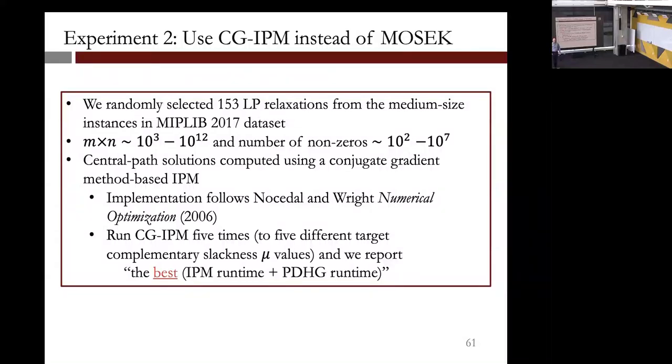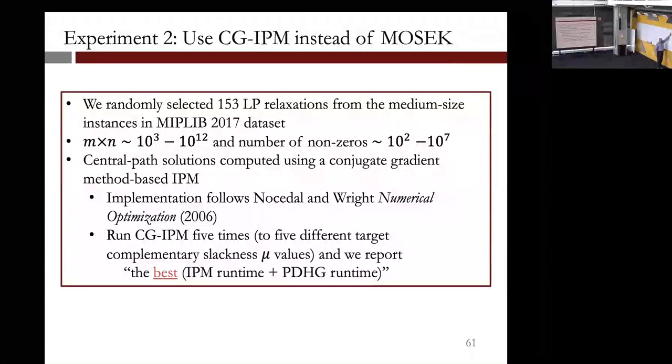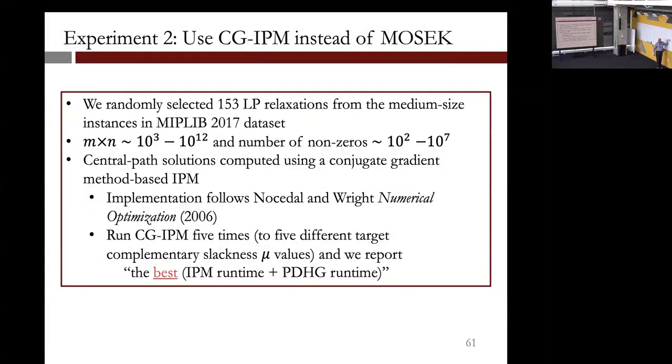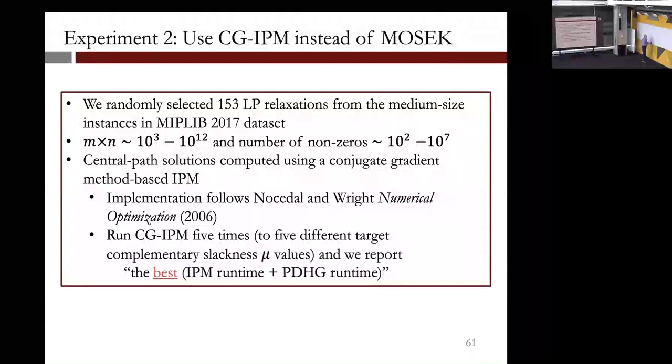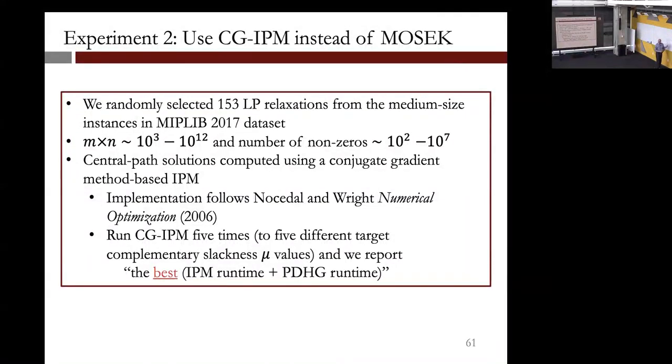A couple of questions. When you run the interior point method with CG as a solver, CG is good for computing points on the central path up here, but once you get down here, it does horribly. Think about what the Hessians, or the ellipsoids, look like: they're just getting flatter and flatter.